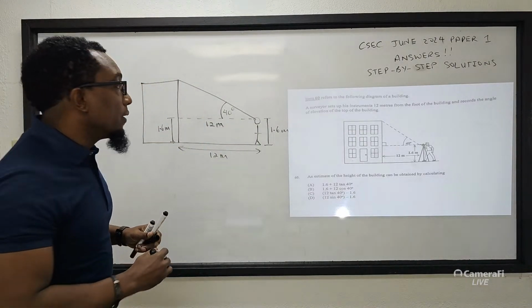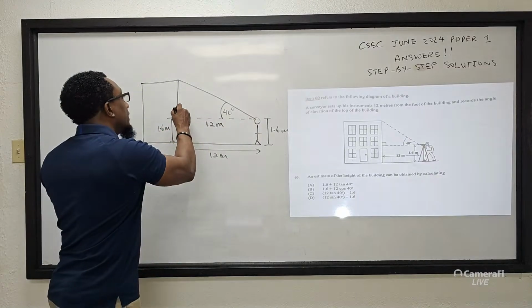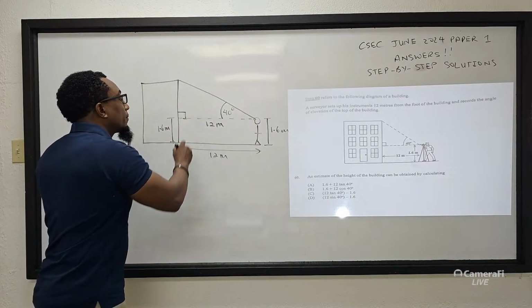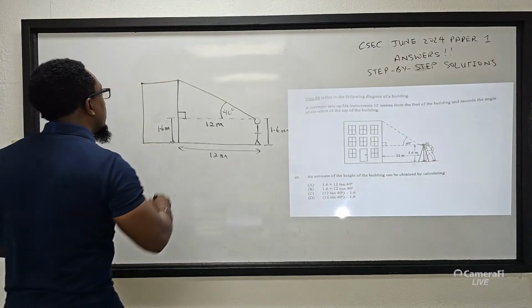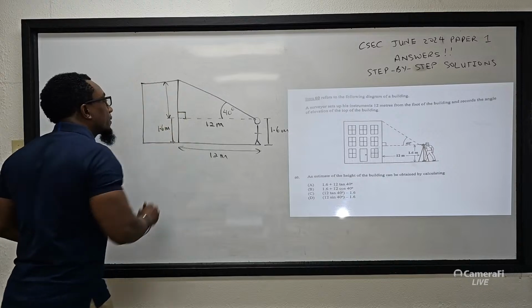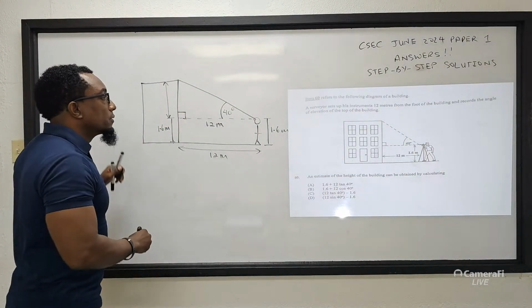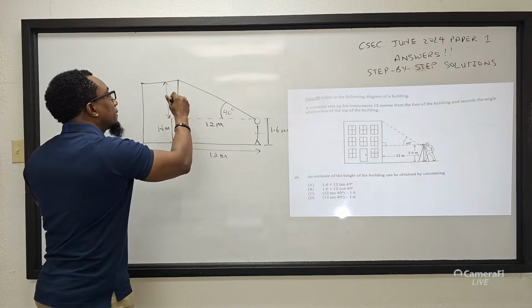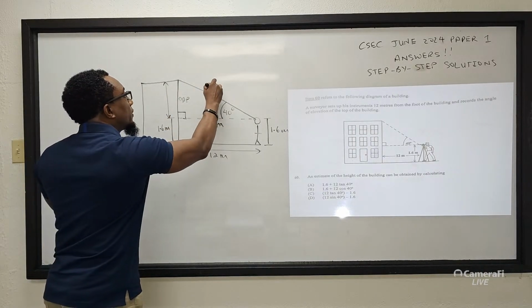And what I can do now, of course, this is a vertical, horizontal line of sight. This angle here is 90 degrees. And what I can do is implement trigonometry to determine this height of the building, from here to here. So to determine that, let me use the strings. This will be side opposite. This will be the hypotenuse.